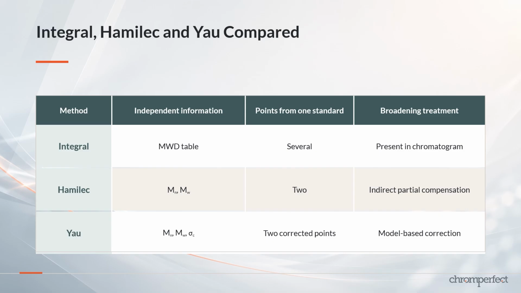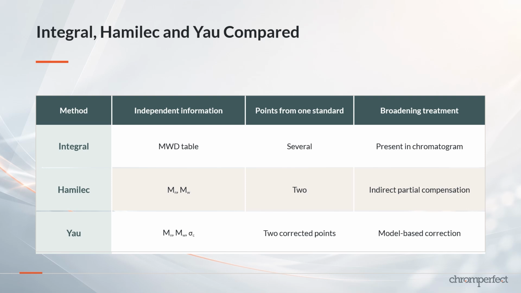The Yau method begins from the same type of Mn and Mw information, but adds a correction based upon the estimated column sigma. The integral method generally uses more complete independent knowledge of the standard distribution. However, its accuracy depends upon the quality of that distribution table and upon correct cumulative integration of the chromatogram.